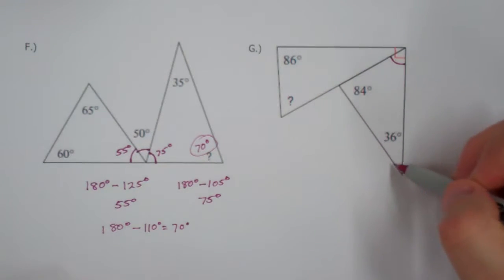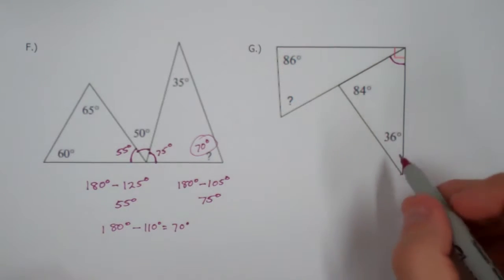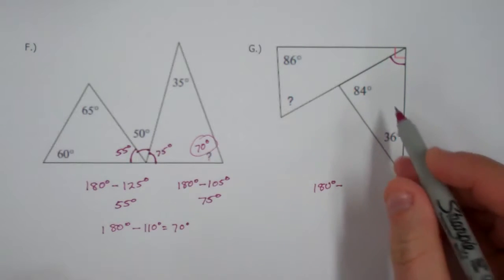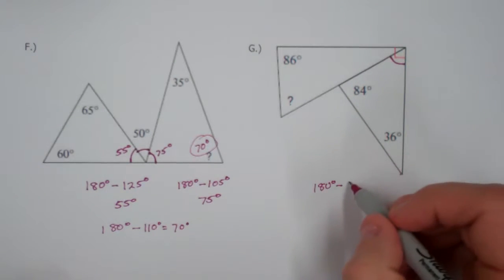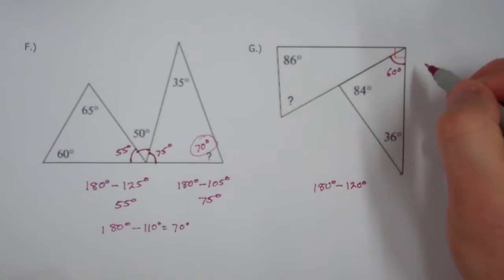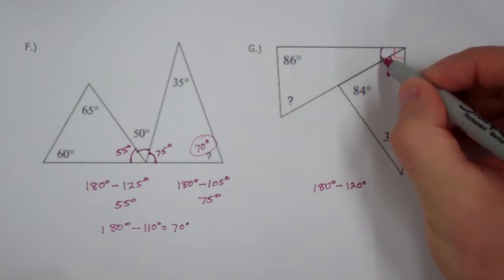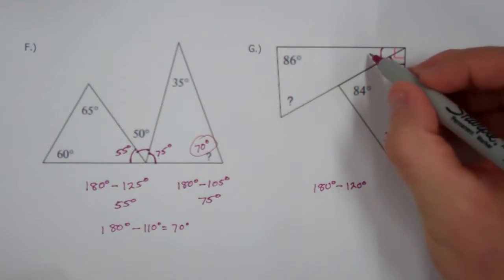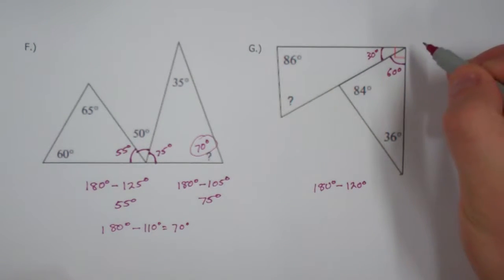If we look at this triangle, we know that we could add 84 and 36 and take that away from 180. So 84 and 36 is 120 degrees. So the measure of this angle would be 60. And what angle added to 60 would be a right angle, or 90 degrees, and that would be 30 degrees.